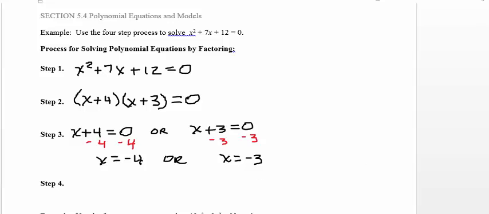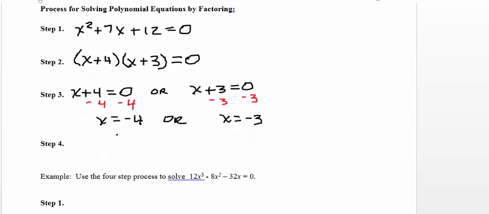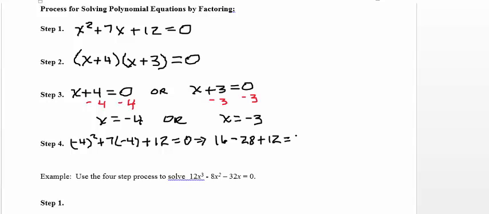Now when I check each solution, I replace all the x's with negative 4 and see if the equation is true. So 16 minus 28 plus 12 equals 0. Gives me 0 equals 0, which is true.